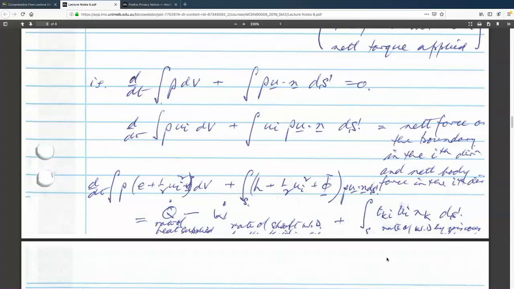So we could put that in there as an energy term, plus h plus a half ui squared. So this is the enthalpy, the kinetic energy and the potential energy. Rho u dot n is the mass flux, and that's equal to the rate of heat supplied, q dot, minus the rate of shaft work done, both of which might be 0 unless we're talking about a gas turbine.